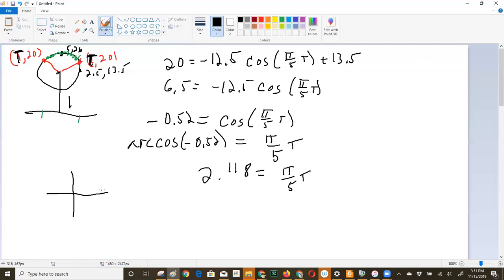When I think about the unit circle, this angle right there is 2.118 because that's where the cosine is equal to negative 0.52. We know that cosine is negative over here in quadrant 2, because the x's are negative. And that means there's another angle down here that has the exact same negative cosine.